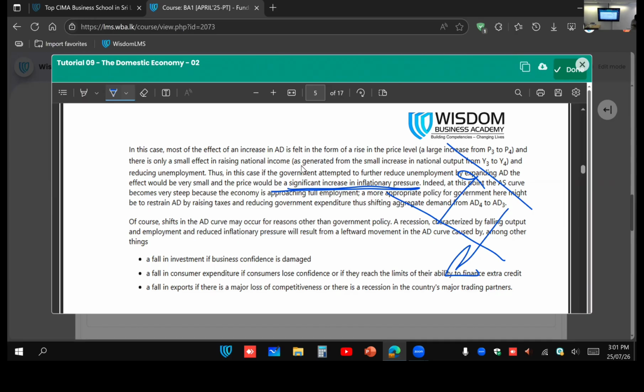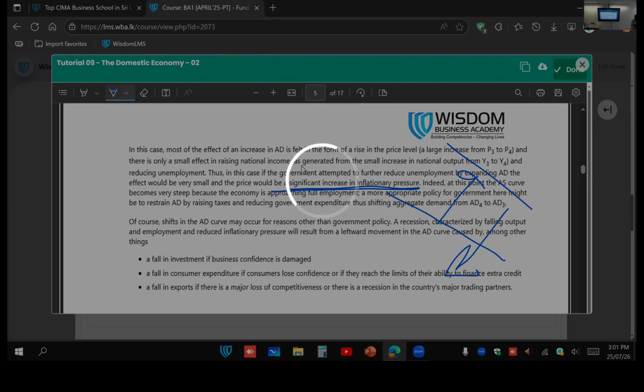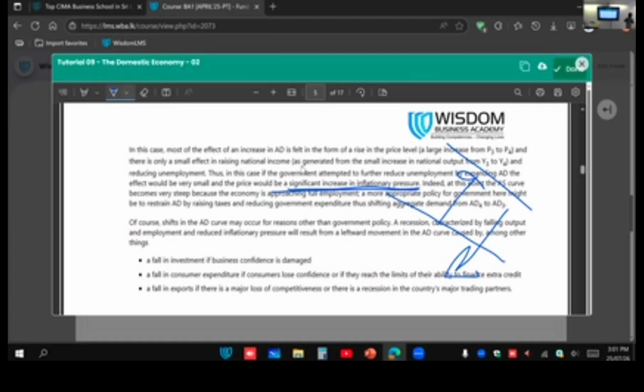We'd have to take these desks also to Shangri-La. The demand is so high. Understood? Clear? So as a result, 100% employment will not be maintained. If that is maintained, another problem comes: inflation.